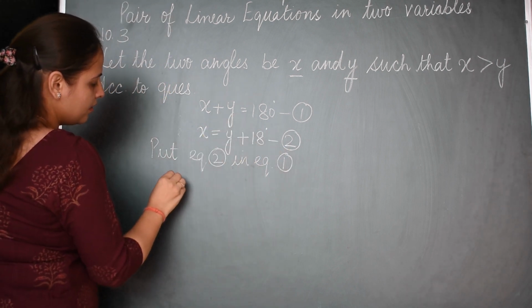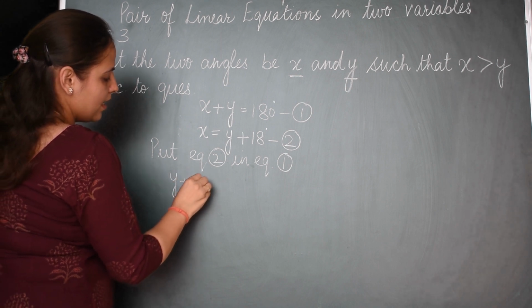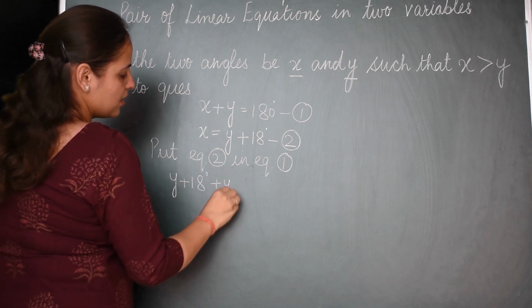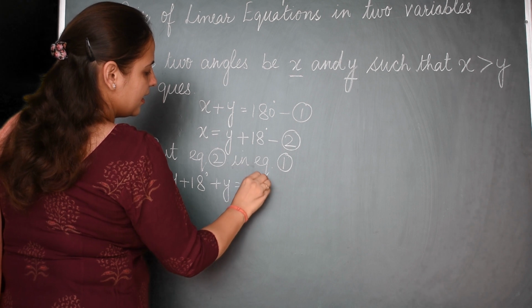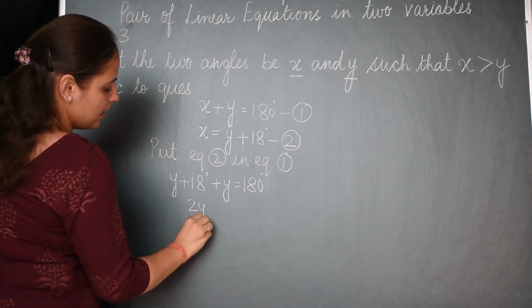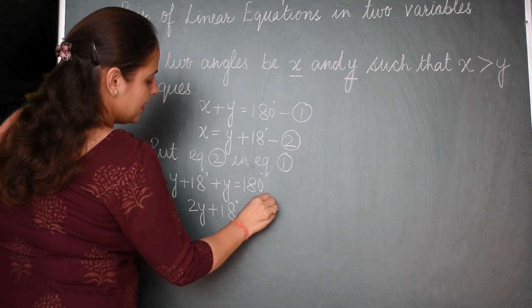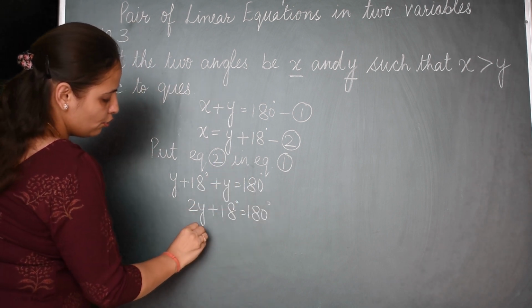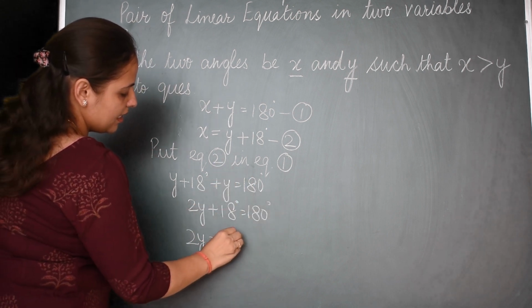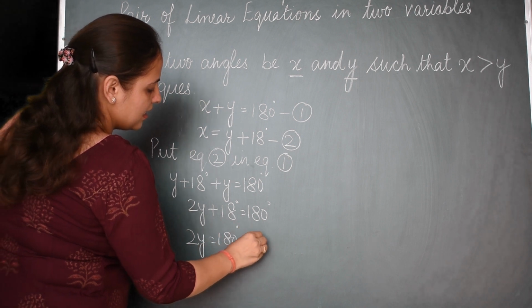So what I will get? y plus 18 degree plus y is equal to 180 degree. So 2y plus 18 degree is equal to 180 degree. So 2y is equal to 180 degree minus 18 degree.